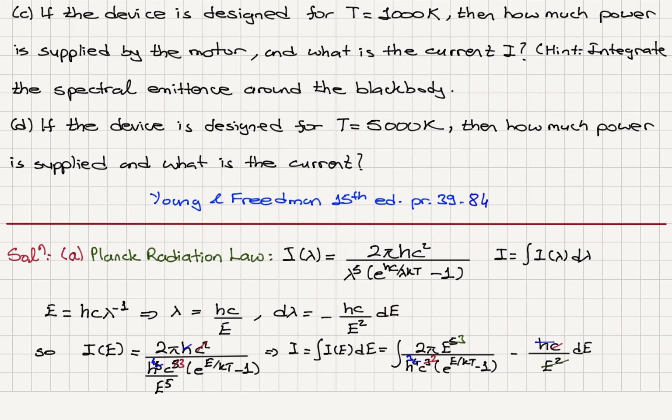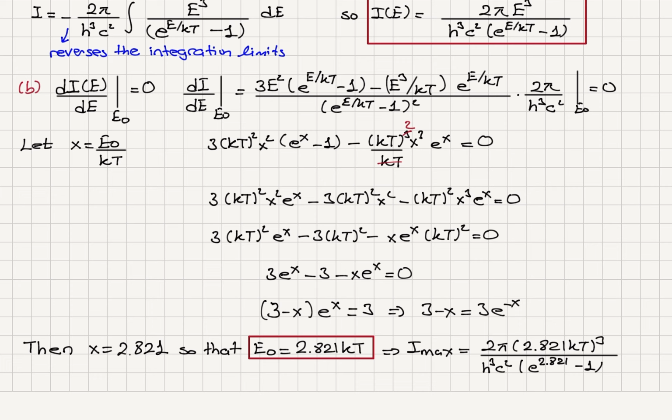So if I just directly go from lambda to energy with this substitution, I obtain this. But then if I also include the d lambda, minus hc over E squared dE, I obtain the following form. And in this form, this prefactor is I of E, which is the intensity as a function of energy. Now, dI/dE equal to 0 at E0 gives me the maximum point in the intensity at energy E0.